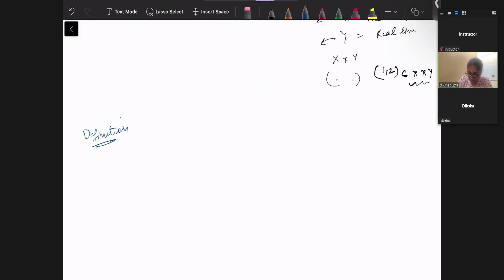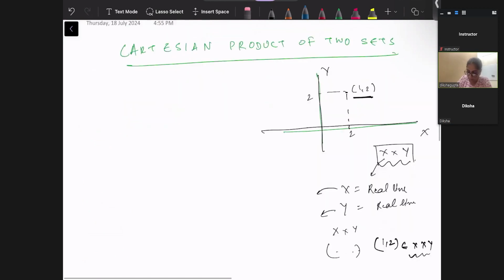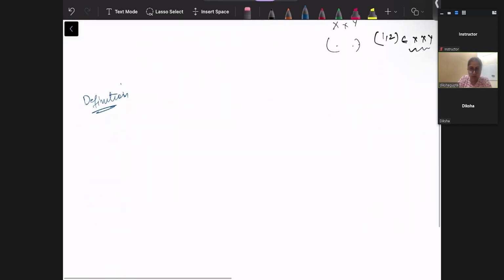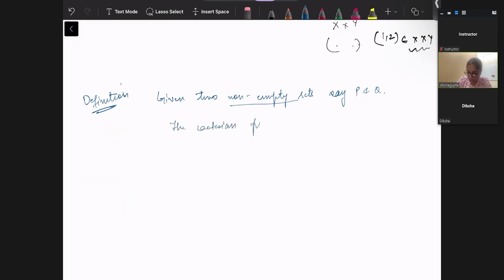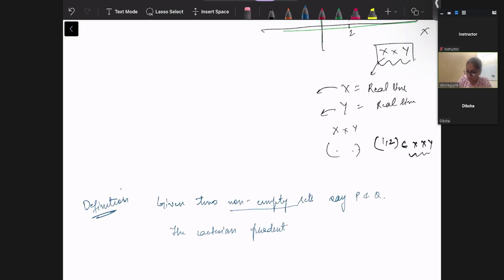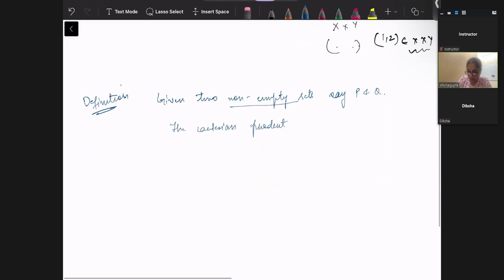The Cartesian product of two sets. So there have to be two sets involved. Given two non-empty sets, say P and Q. For now I've taken non-empty sets P and Q. Like in the above example, P was the whole real line and Q was also the whole real line, right?